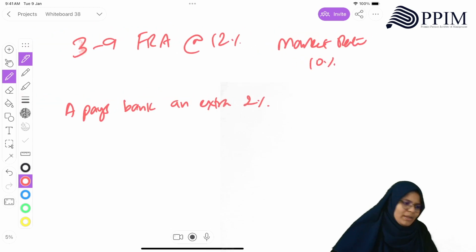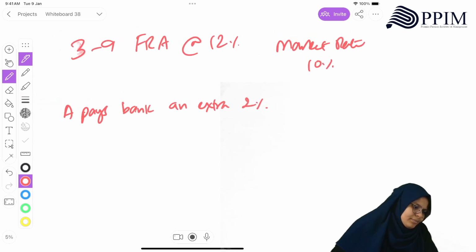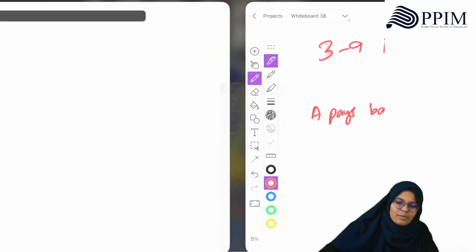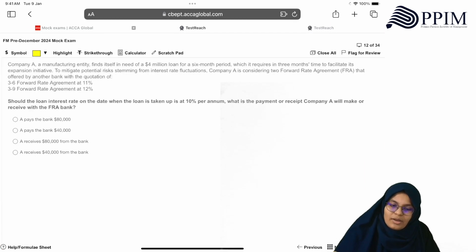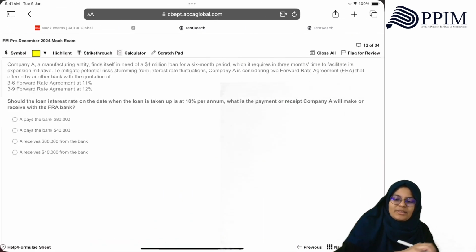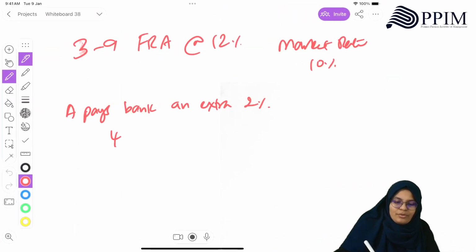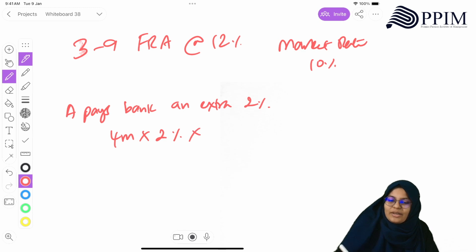So the loan was for how much? I think it was 4 million, right? Let me check that. 4 million loan for a 6-month period, right? So you have to consider that 4 million into an extra 2%, but only for a period of 6 months.